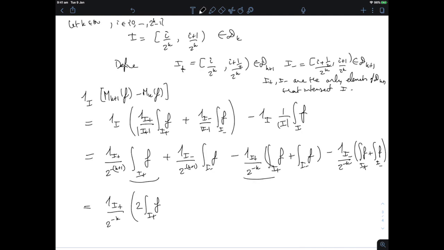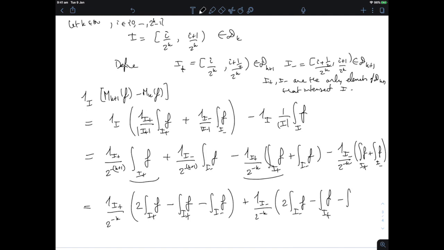And then we get minus 1 times there, the integral on I plus, and minus the integral on I minus. Okay, and what do we get on I minus? Also normalizing in that way, we get 2 times the integral of f on I minus, minus the integral of f on I plus minus the integral of f on I minus.